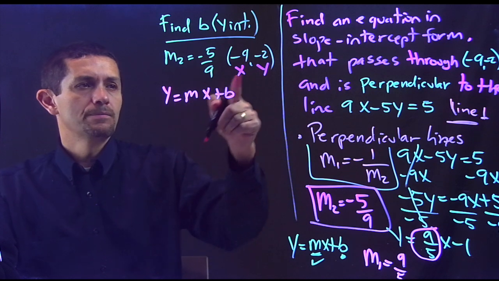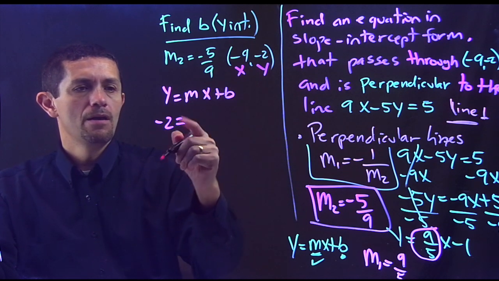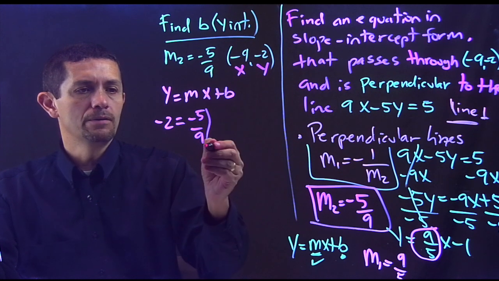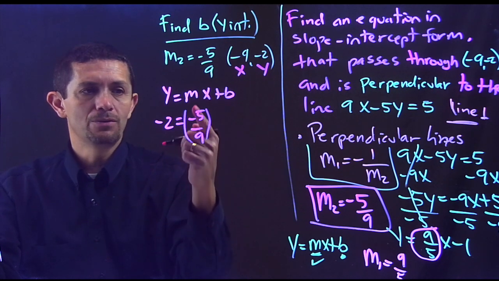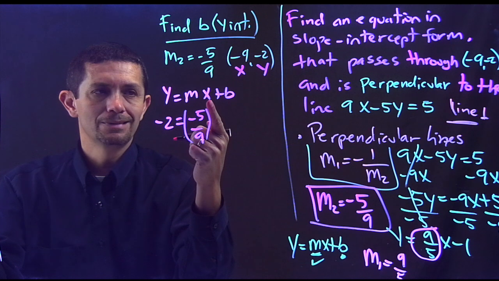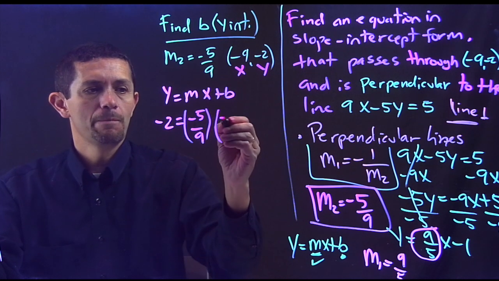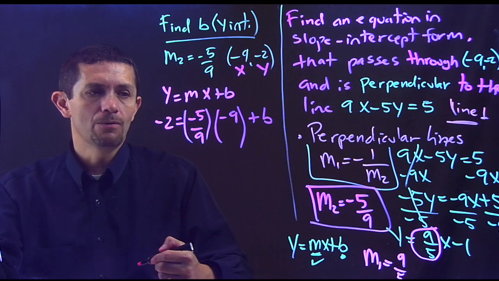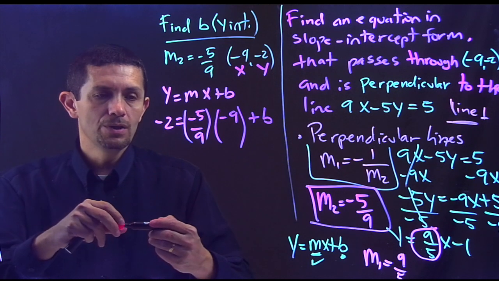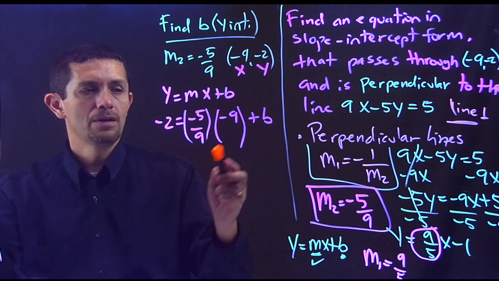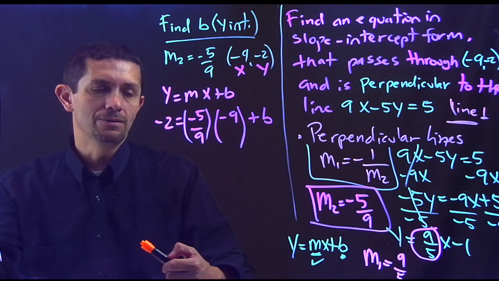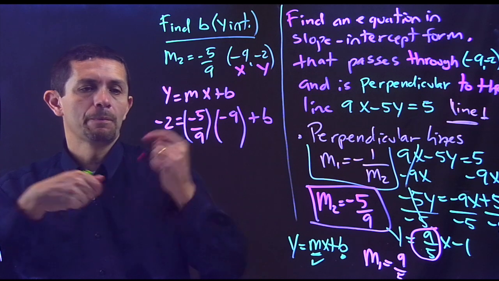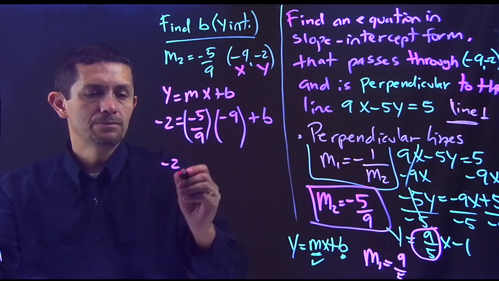So y is -2, m is -5/9, and I make sure to put parentheses because m is multiplying the x. x is -9, plus b. The only variable I have is the b, the y-intercept. Everything else I can solve. So let's keep solving. -2, I bring it down, equals.